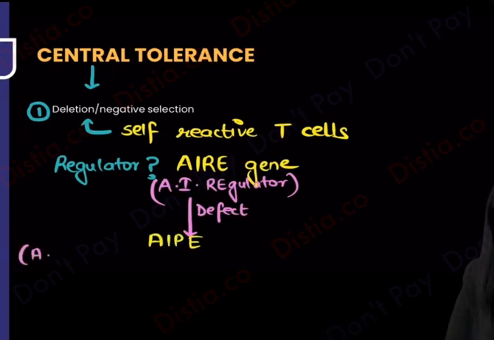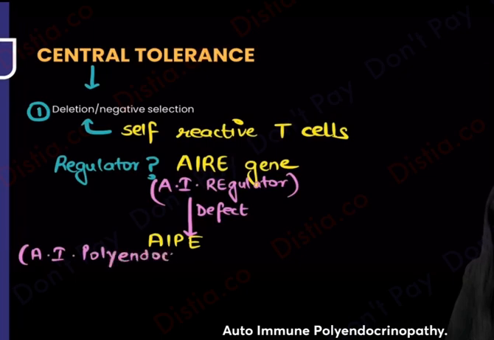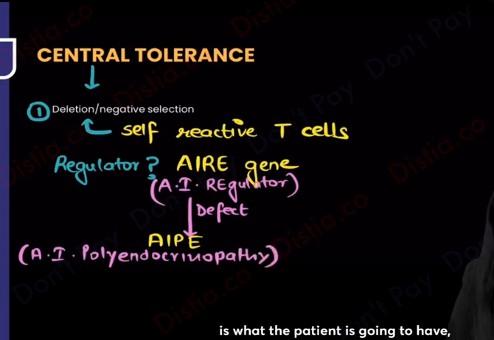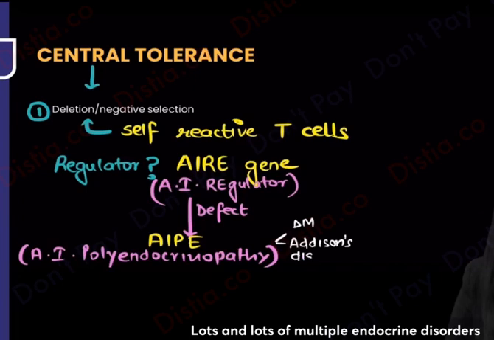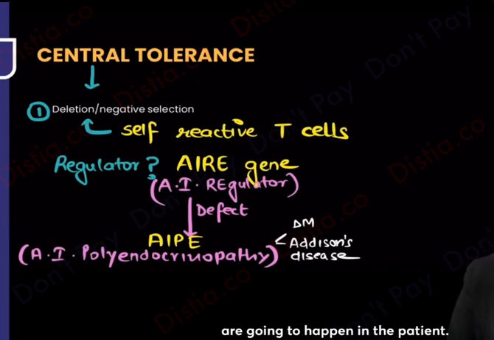What is APE? Autoimmune polyendocrinopathy is what the patient is going to have, and this includes polyendocrine disorder. So the patient is going to have multiple diseases like diabetes mellitus, like Addison's disease. Lots and lots of multiple endocrine disorders are going to happen in the patient.